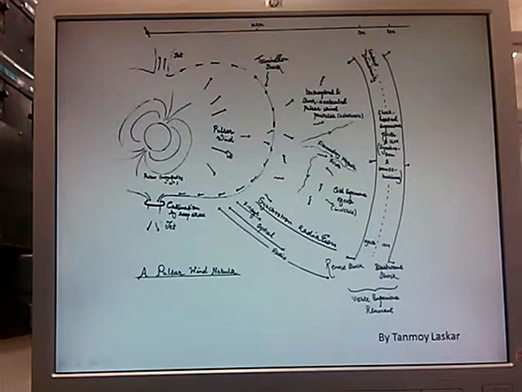Now, like any good wind, that wind eventually has swept off enough of the shocked material left behind by the supernova shock that it slows and you get a termination shock. So you've got these several layers of things happening as this pulsar wind of charged particles being liberated comes off the surface of the neutron star.